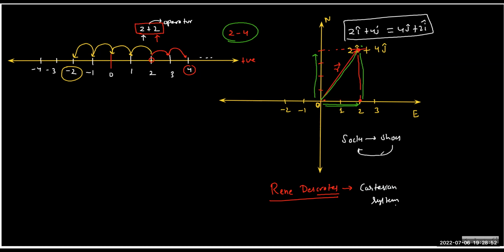I mean, people will say you are mad. So will you wear the shoes first, then socks? So order matters in real life. Such events are called non-commutative events. The event in which the order matters is non-commutative. The event in which order doesn't matter is commutative. That's all.